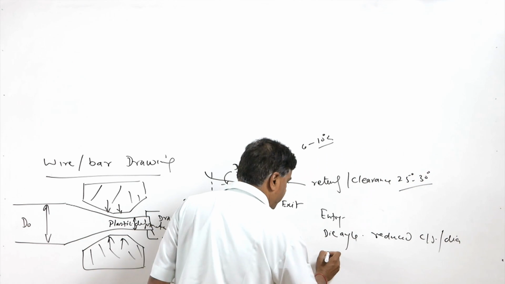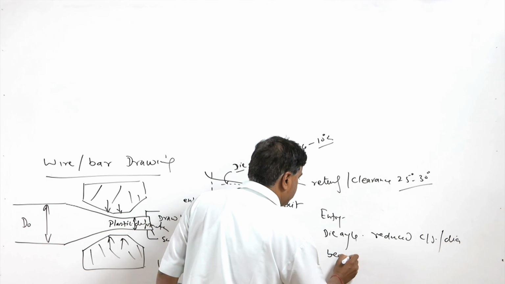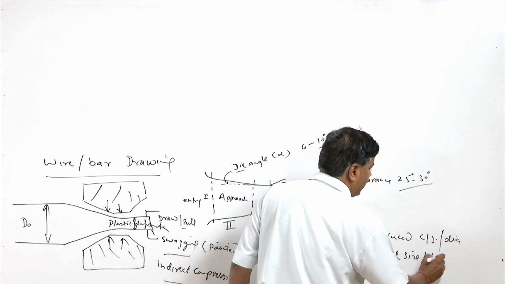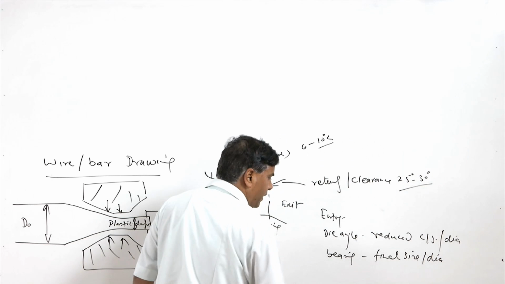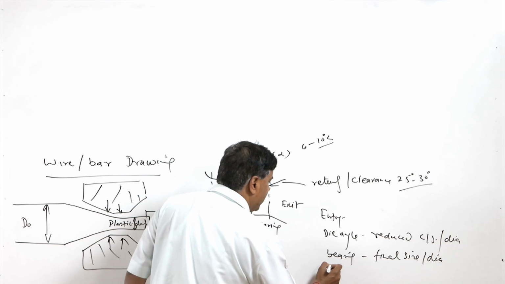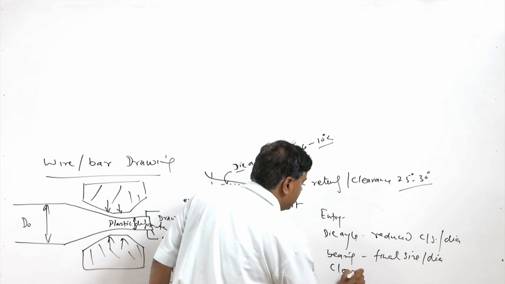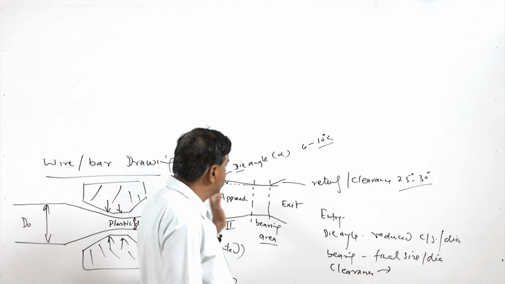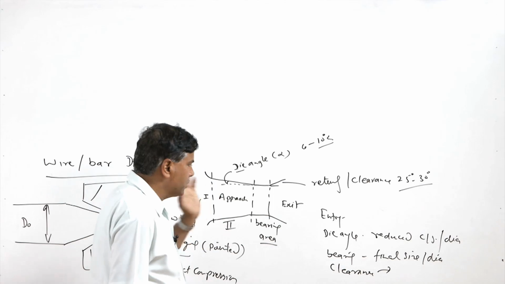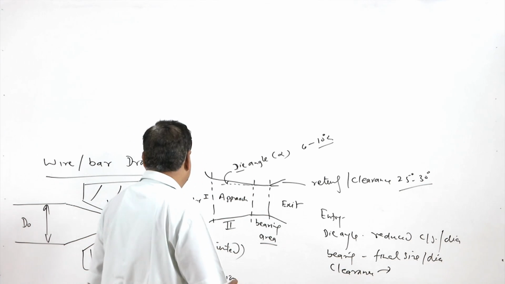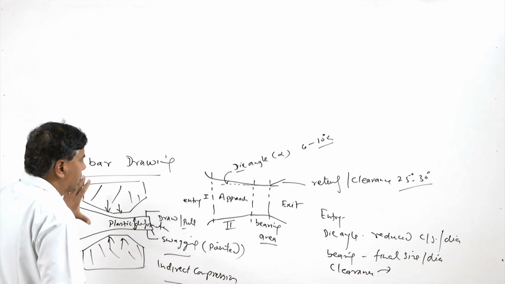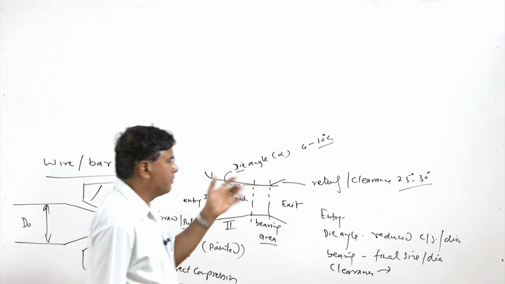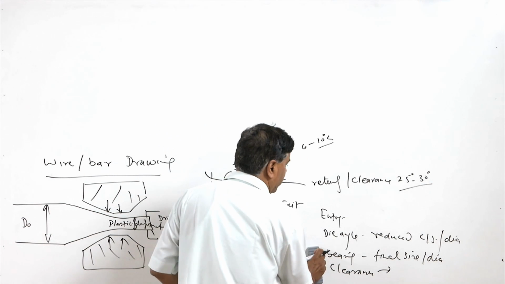Then in the bearing area, the final size or diameter is determined, and then we have the relief or clearance. The clearance helps smooth exit of the drawn wire from the die. So, these are the constructional details related to the die and the role of the different components.